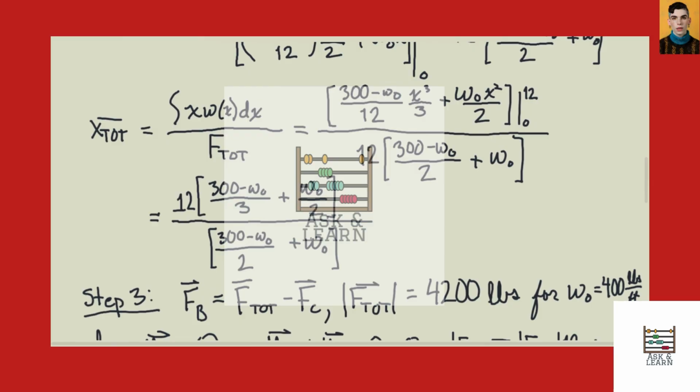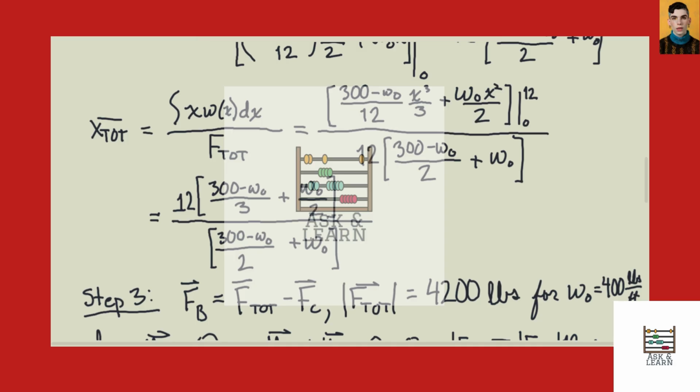Secondly, we can find the centroid by this time integrating the product of our x coordinate times our force density function and then our infinitesimal dx, performing that integration, evaluating from 0 to 12.